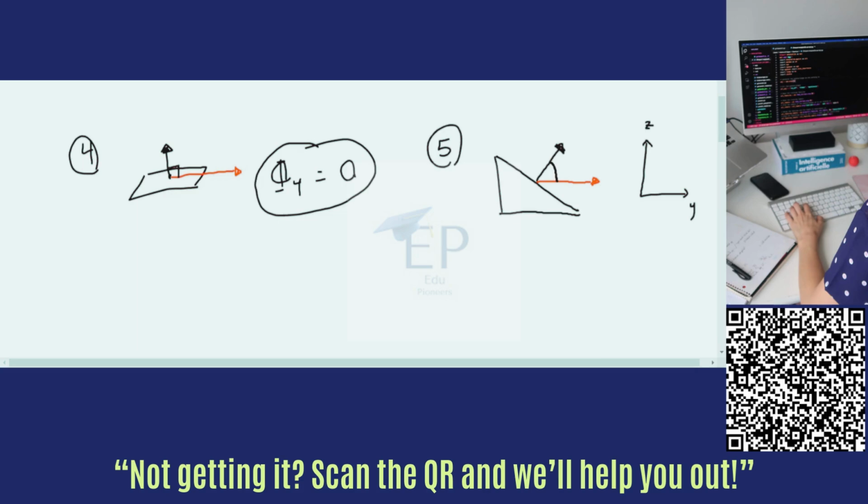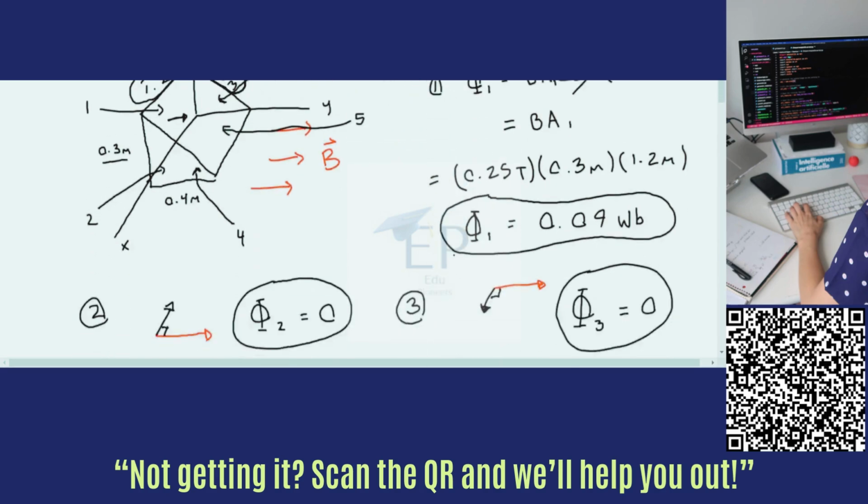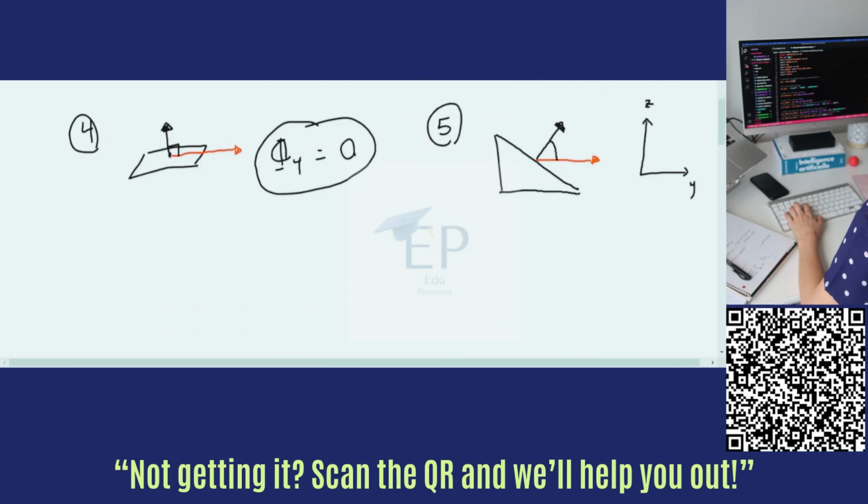And once we know that, if we have the area of our surface, which we should be able to figure out from our drawing, yes, our area will just be 1.2 times 0.5, right? Since it's just a rectangle. So we'll just do width times length. So we pretty much have everything we need to calculate the flux for 5. We have B, we have the area of the fifth surface. We just need to figure out what the cosine of the angle between these vectors is.